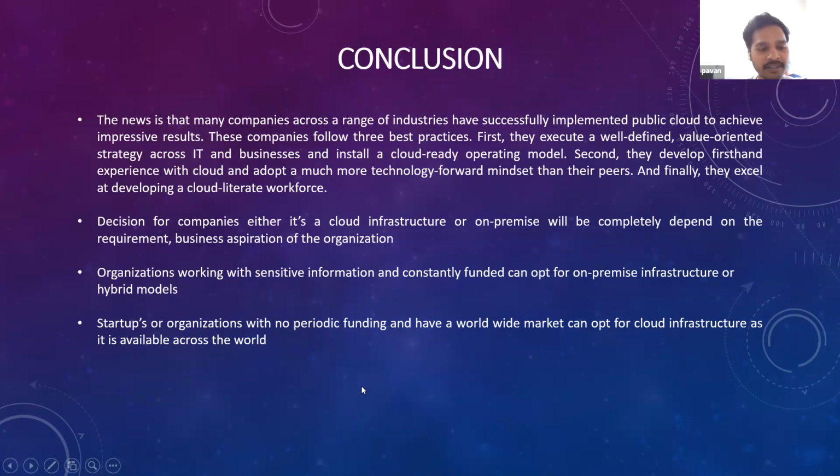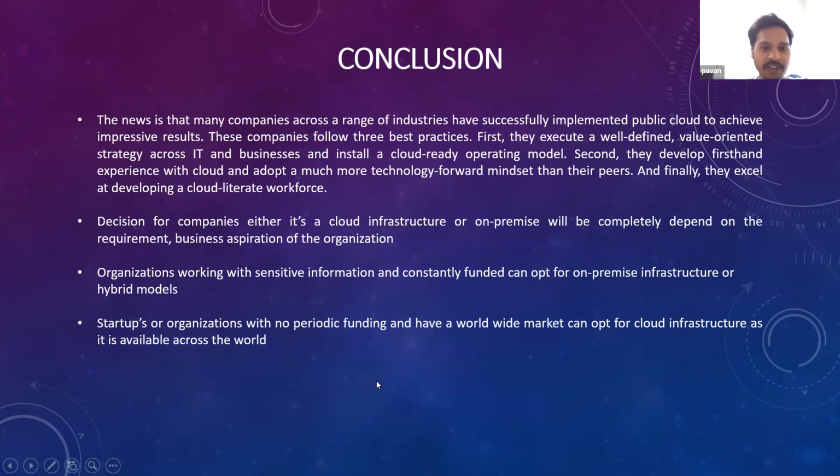Well, the decision for companies to go with cloud infrastructure or on-premises depends completely on the requirements and business aspirations of the organization, whether they want to move global with their business or concentrate only on a particular region. So based on the requirements of the company, they can opt.